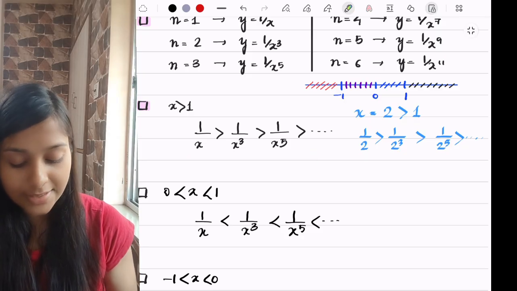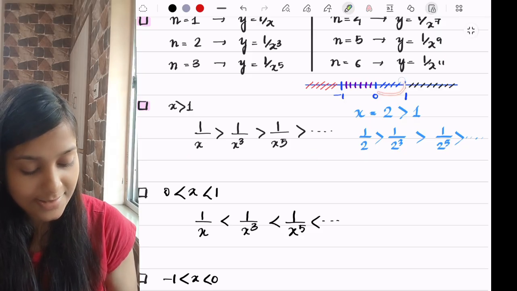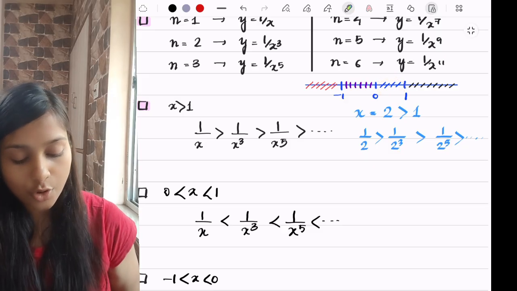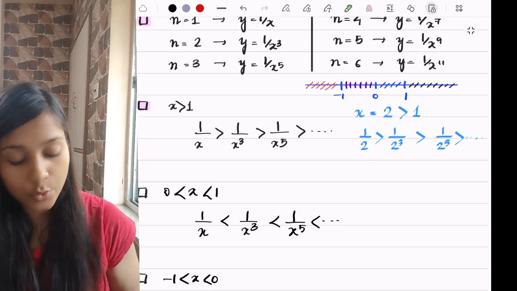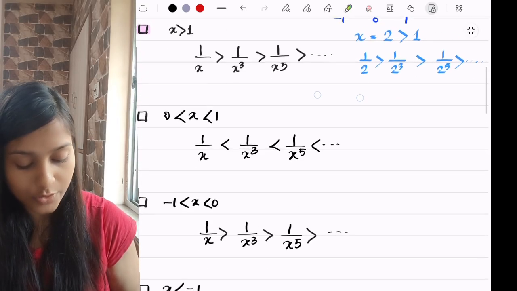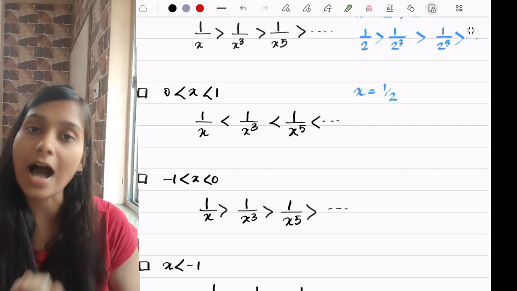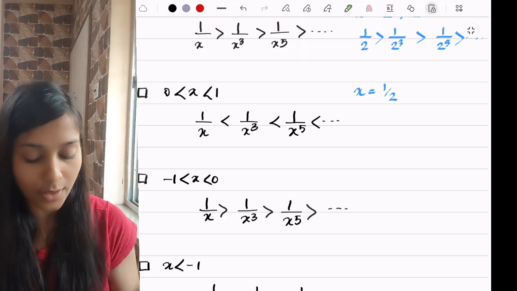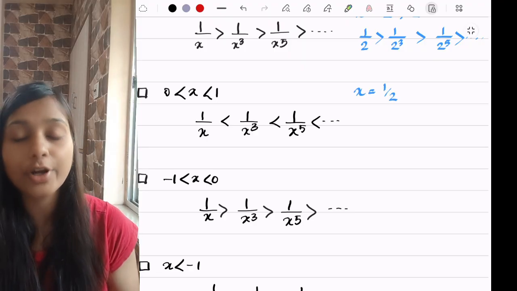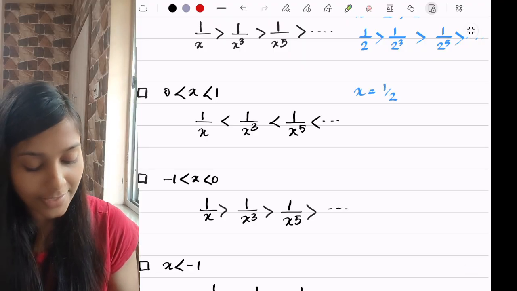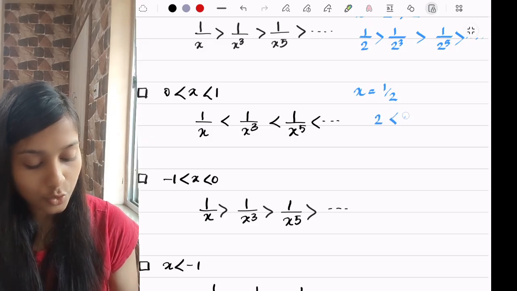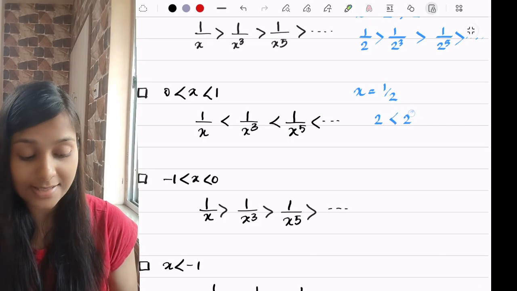Let us now come to the next part, which is 0 to 1. Again we can check it by using an example. Suppose we take x equals half. Obviously this half lies in the interval 0 to 1. What happens if we take the reciprocal? We will get 2. So again, 2 is not less than 2 cube.